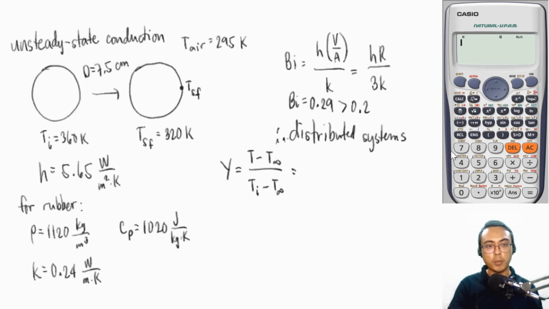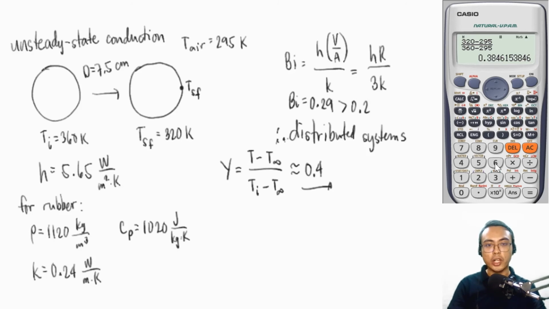We can already solve this parameter, and that is our T, or our temperature at any point at any time, is simply the final surface temperature, that is 320 Kelvin, minus the fluid temperature, that is 295, over the initial temperature 360 Kelvin minus air temperature 295. Our Y is 0.38, or we can simplify this to simply become 0.4.